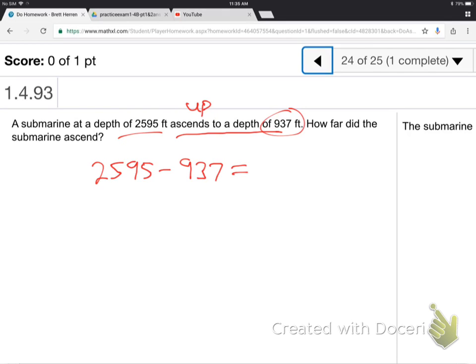Just subtract those. The submarine was at one depth and it went up to another depth. How far did it move? Just subtract those two, whatever that is. 1658, yeah. I thought it would be a harder word problem. Just like that. We good with that?